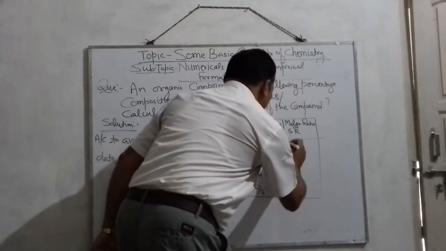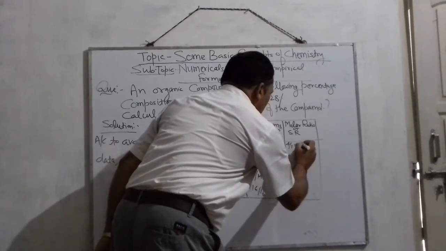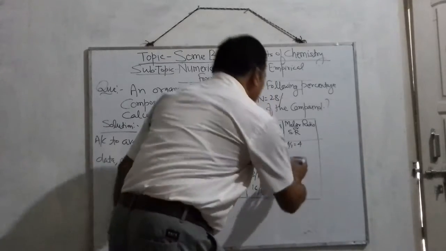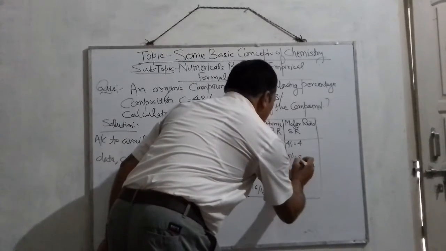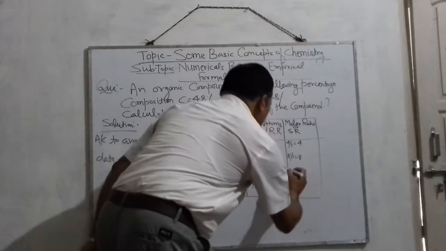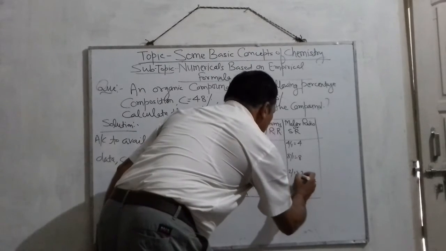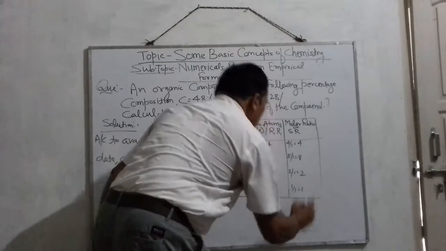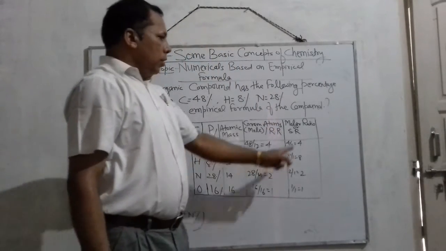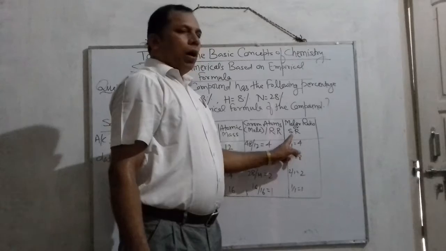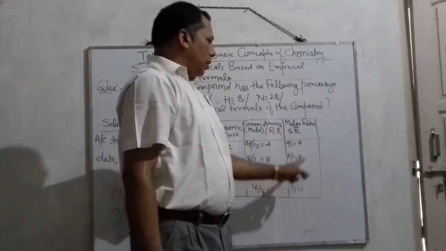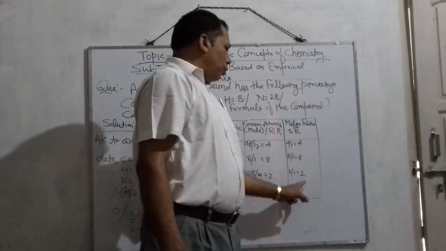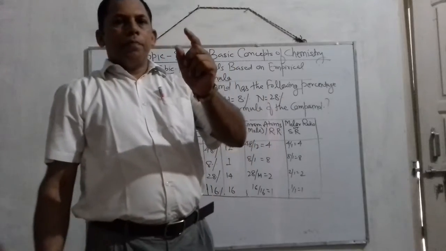So divide 4 by 1, that is 4. Divide 8 by 1, the value is 8. Divide 2 by 1 is 2, and 1 by 1 is 1. So, students, the molar ratio or simple ratio values are 4, 8, 2 and 1 respectively.